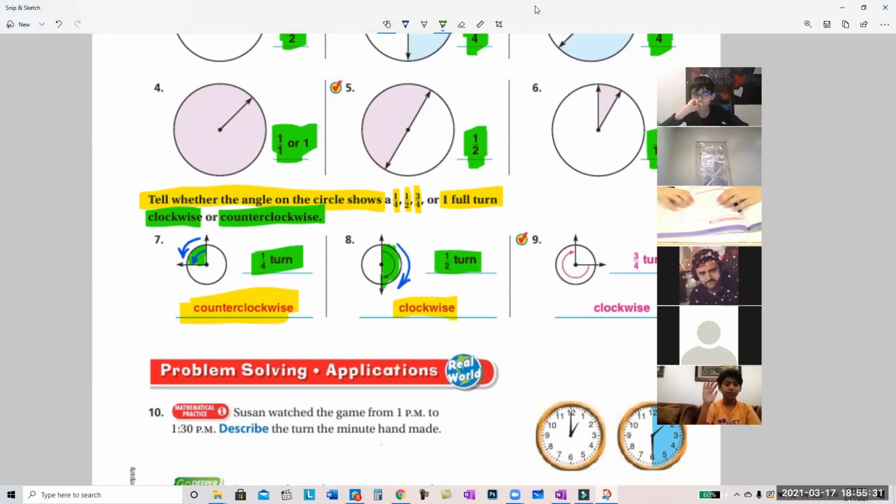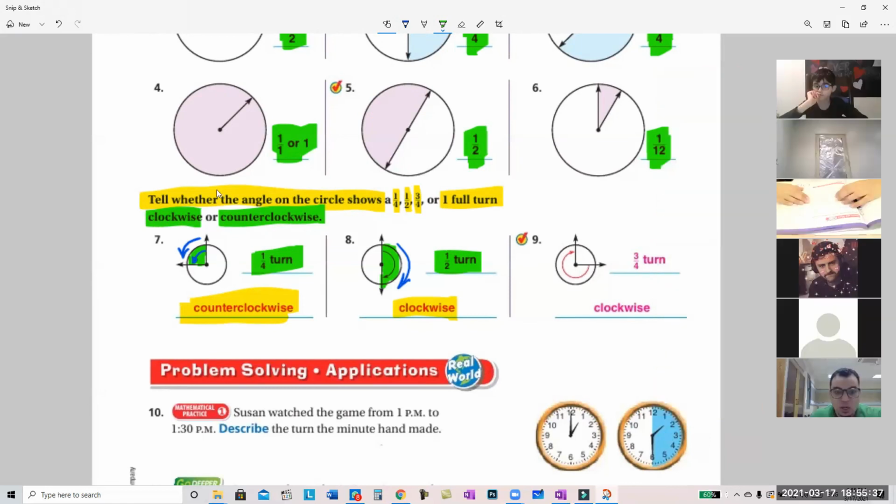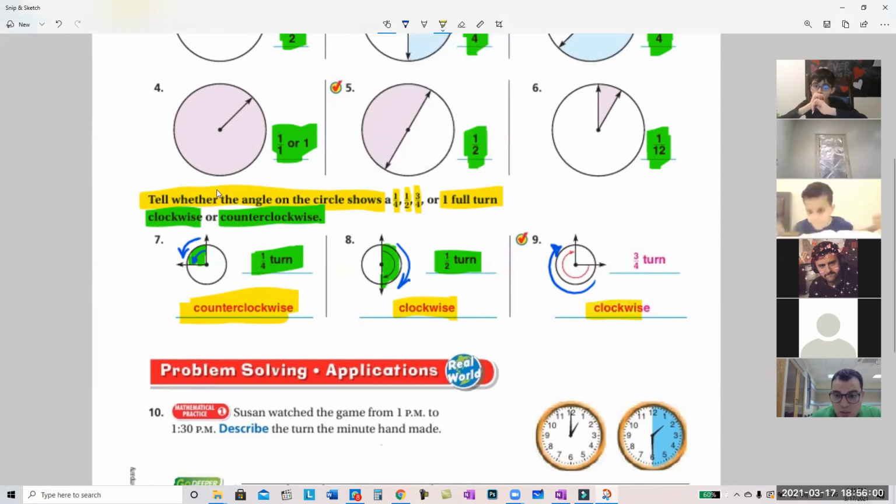Okay, the next one. What about Sulaiman? Yes, mister. Okay, Sulaiman, the next one. We have here this turn. So this direction, clockwise or counterclockwise? Clockwise. Clockwise, okay. So that's clockwise.